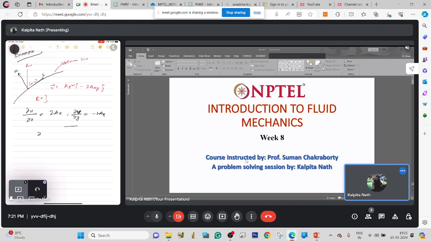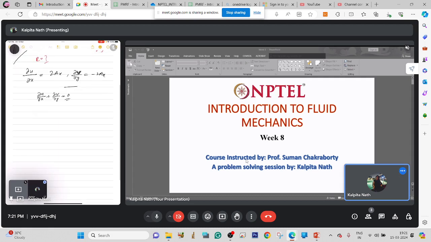That means del u del x plus del v del y is equal to 0, so the flow is incompressible. Let us now find the acceleration at point xy. The acceleration can be given as ax i cap plus ay j cap.